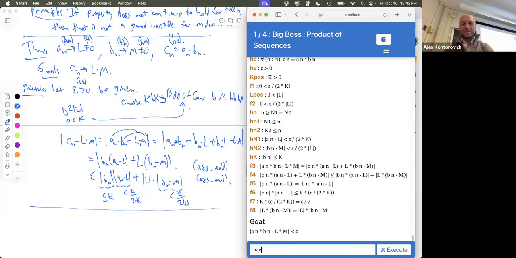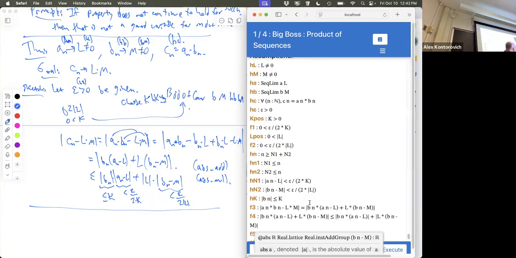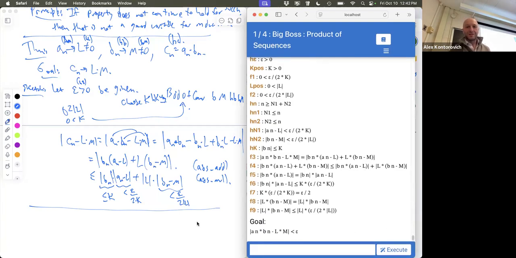Have F9, which is that this is less than or equal to, now L is just L, there's nothing to do, but Bn minus M is bounded by epsilon over 2 times absolute value of L. Bound should do this. And it does. Maybe we're getting a really long context window.